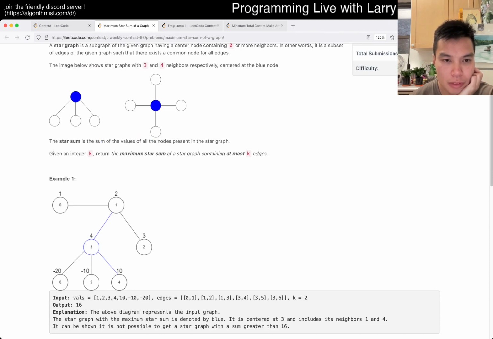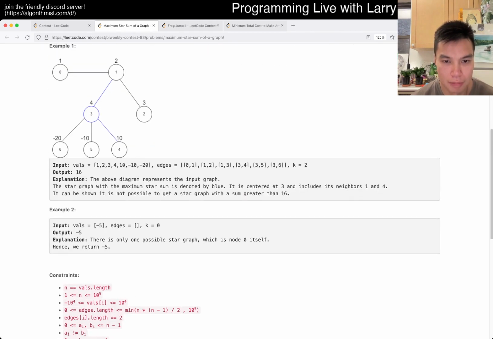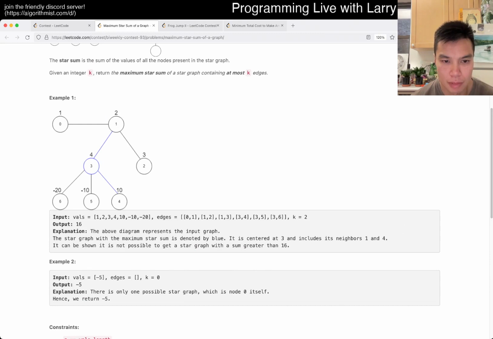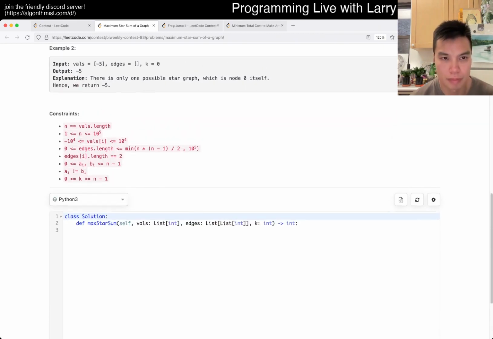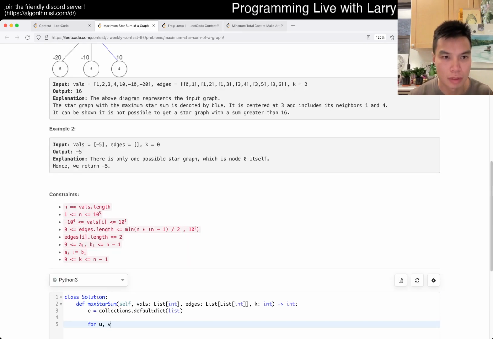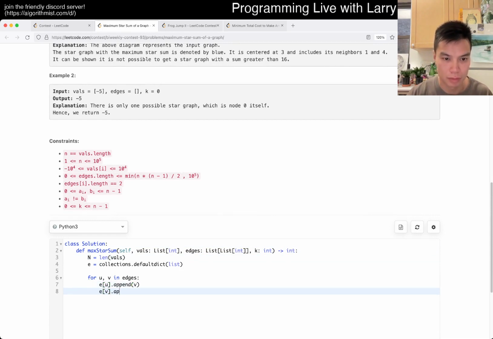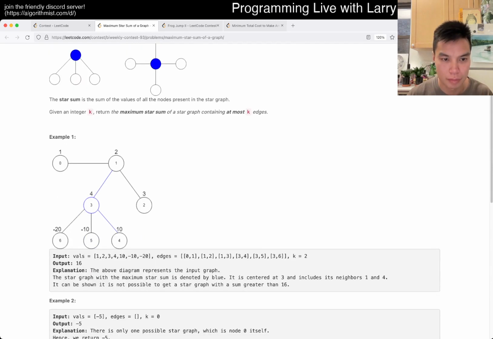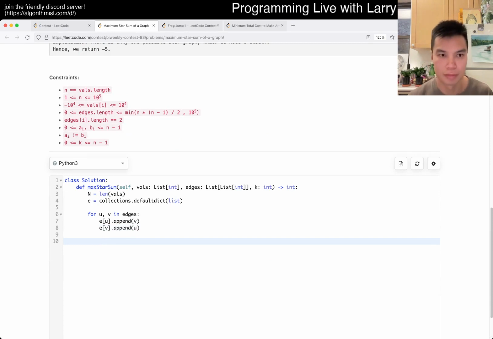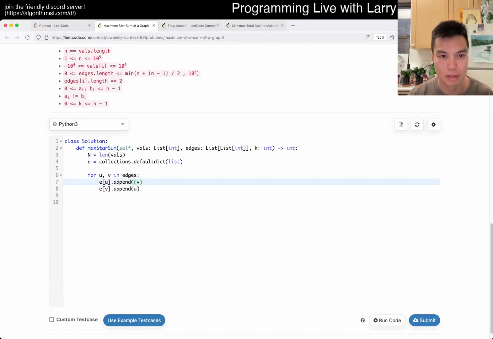Summarize what was in star graph. Okay, what does that mean? The star sum, okay. Oh, star, okay. It's okay, it's 2.